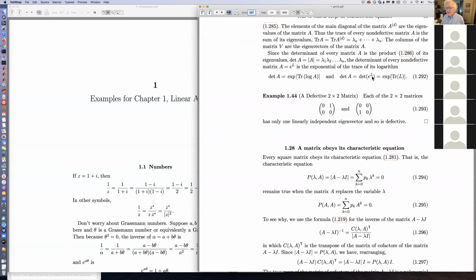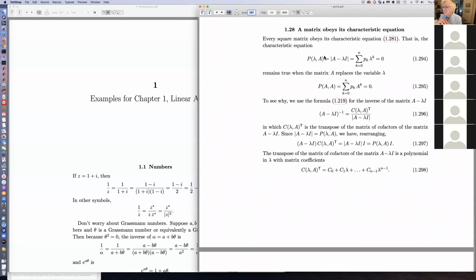And this example. Let me go on to the fact that a matrix obeys its characteristic equation. This is really important. The characteristic equation, of course, is of this form. It's just what you get when you form the determinant of A minus lambda times the identity, and that's an nth order polynomial.